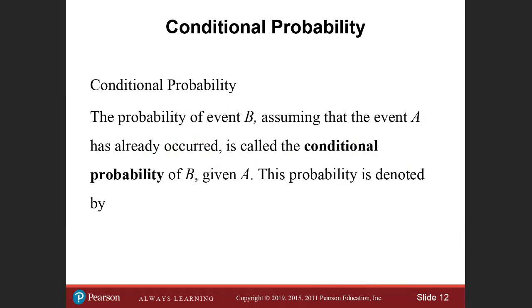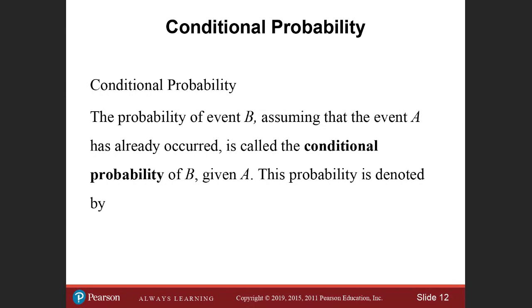Next, we have conditional probability. In definition, conditional probability, the probability of event B assuming that the event A has already occurred, is called conditional probability of B given A. This probability is denoted by, so we have a formula here.